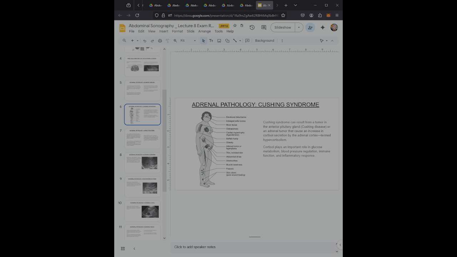Now, cortisol, we had said, plays an important role in glucose metabolism, blood pressure regulation, immune function, and in the inflammatory response.